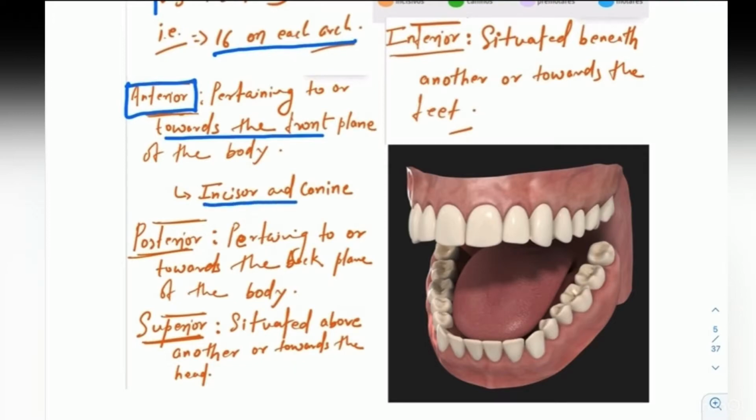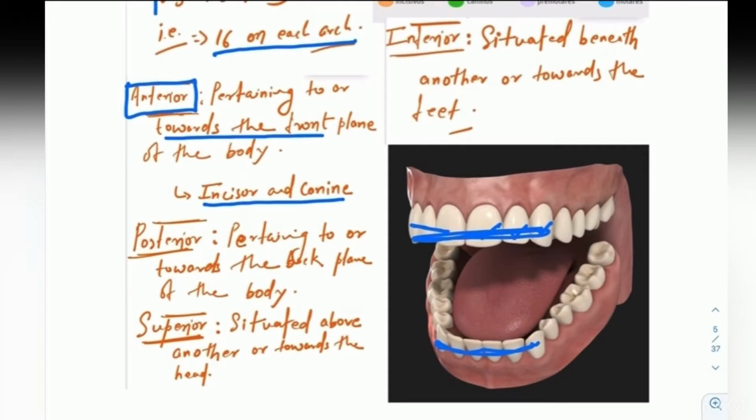Incisors and canine: central, lateral incisors and canine. These are the anterior teeth, which are mostly seen when you smile.